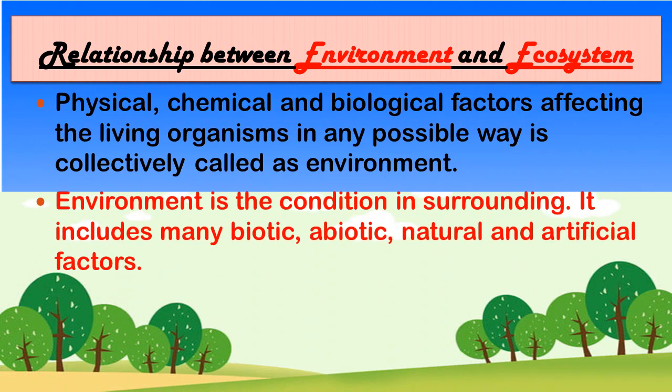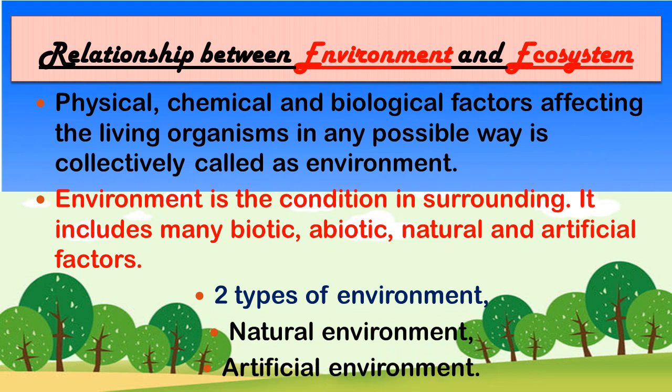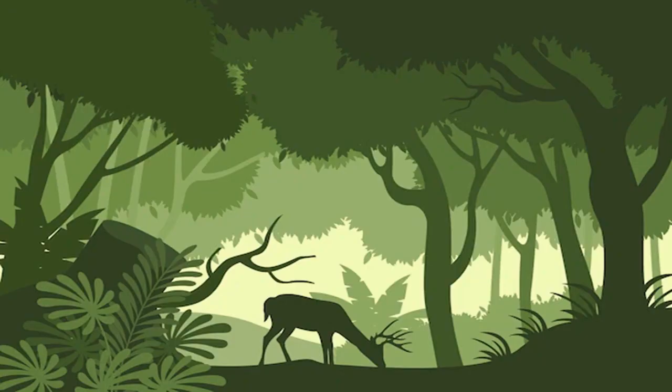It is a condition in the surroundings, and it includes many biotic, that is living things, and abiotic, non-living things, natural and man-made factors. So there are two main types of environment: first is the natural environment and second is the man-made or artificial environment.